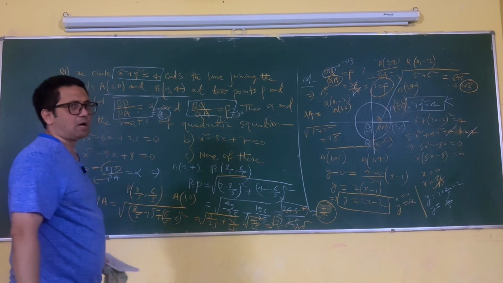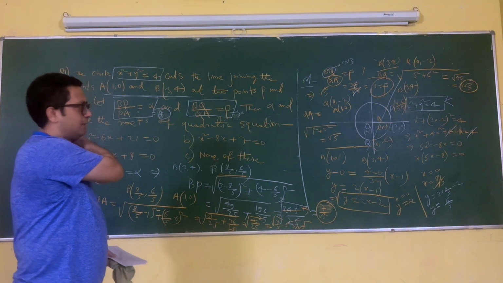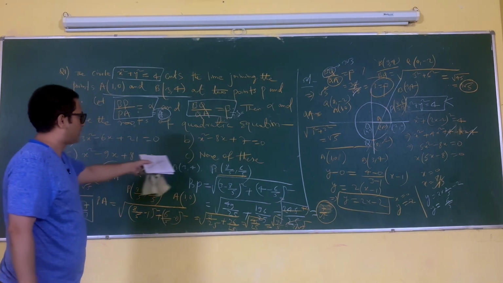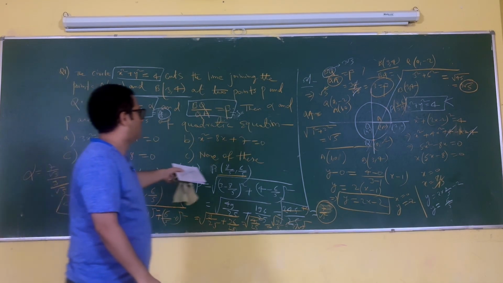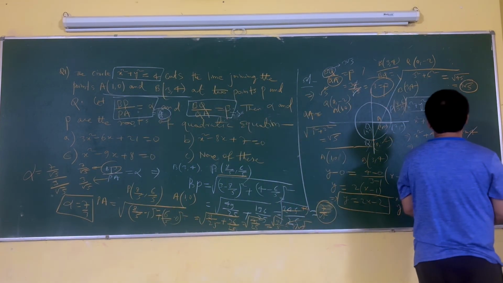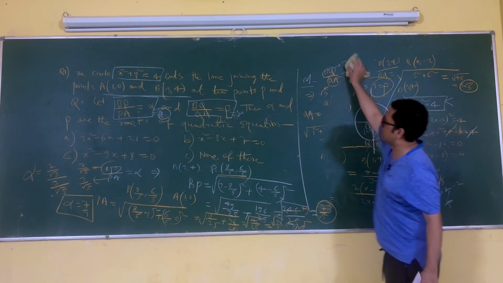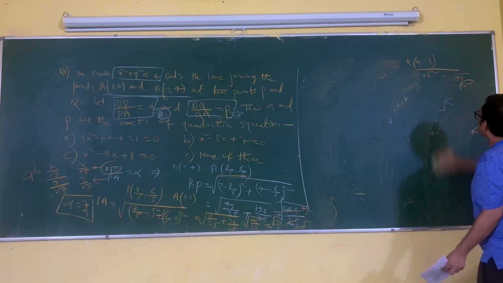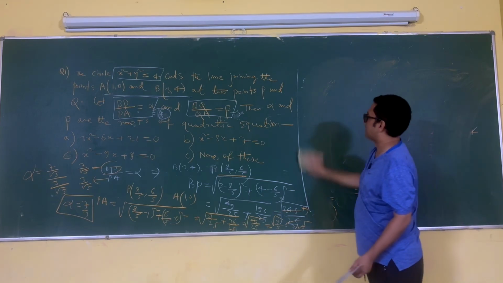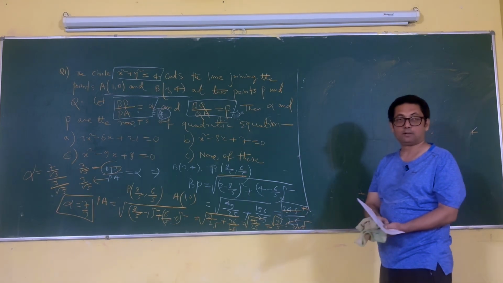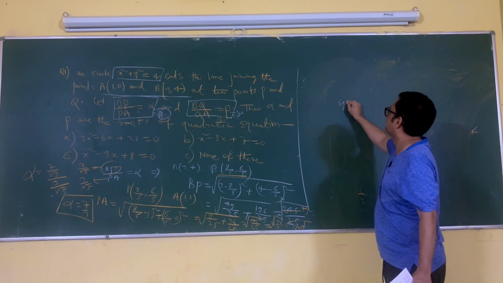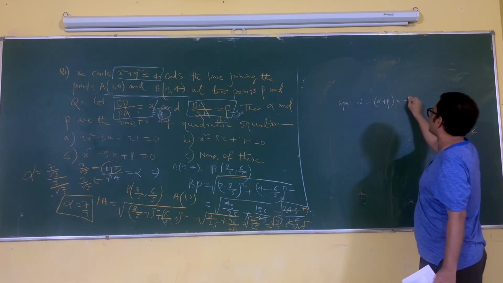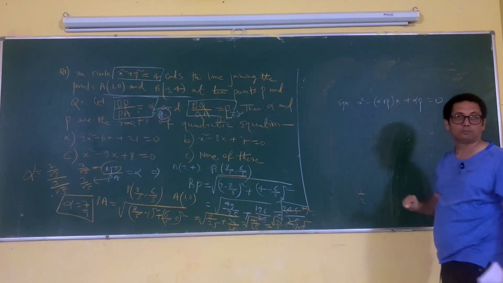So now what is being asked in the end? They are asking: alpha and beta are the roots of a quadratic equation. What is the quadratic equation for which alpha and beta are roots? If the roots are given, then the equation will be x square minus alpha plus beta times x plus alpha beta is equal to 0.